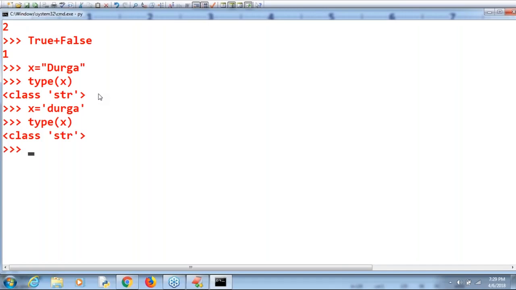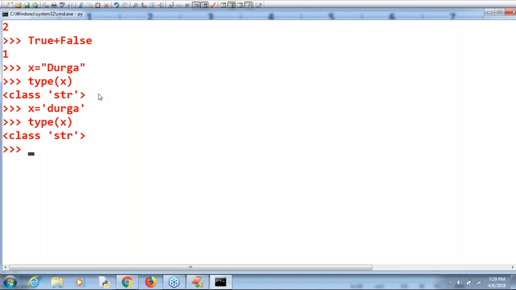Type of x itself is str type only. Remember, either double quotes or single quotes, no problem at all. It's always going to treat it as string type only. Remember that, sir.